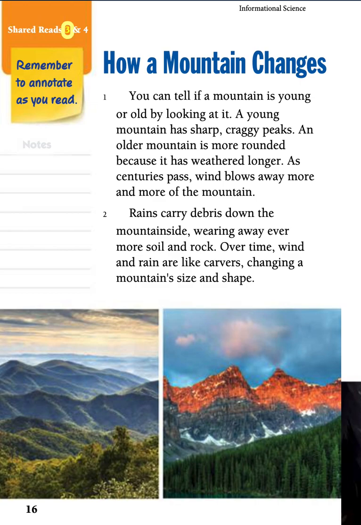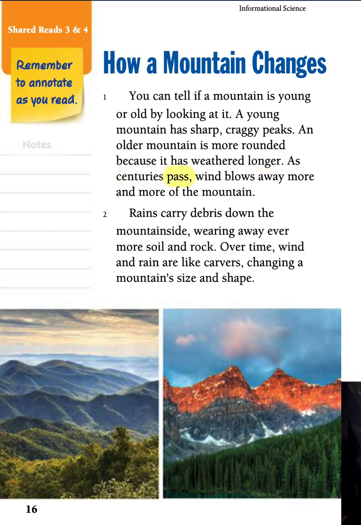Shared reads 3 and 4. Remember to annotate as you read. How a mountain changes. You can tell if a mountain is young or old by looking at it. A young mountain has sharp, craggy peaks. An older mountain is more rounded because it has weathered longer.